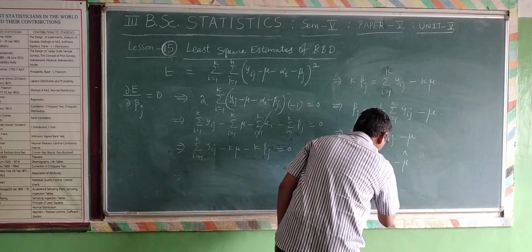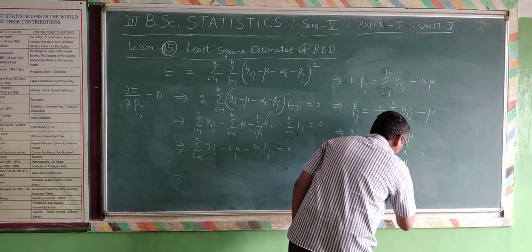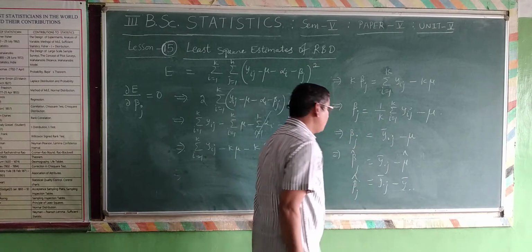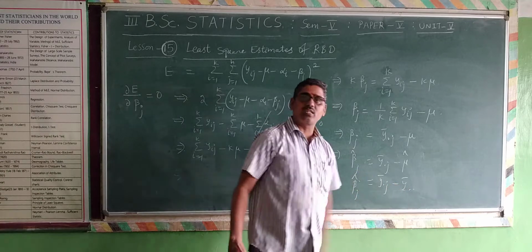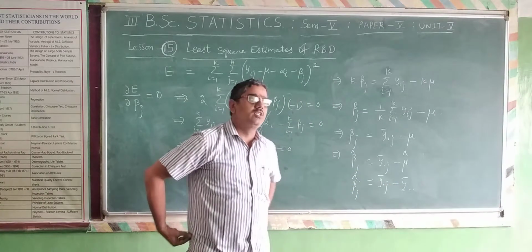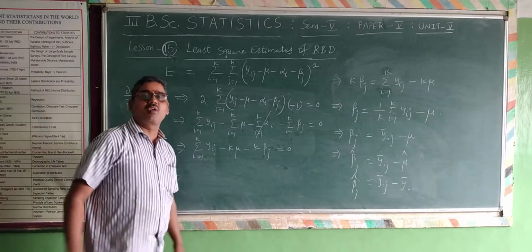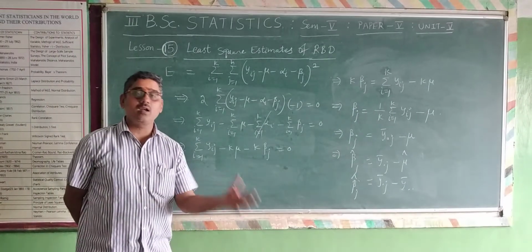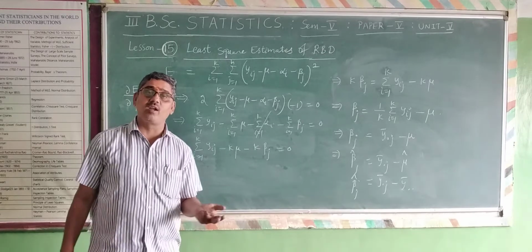It's equivalent to y bar dot j minus y bar dot dot. So this is the estimation of beta j cap: y bar dot j minus y bar dot dot. So these are the three parameters we have estimated: mu, alpha i and beta j.